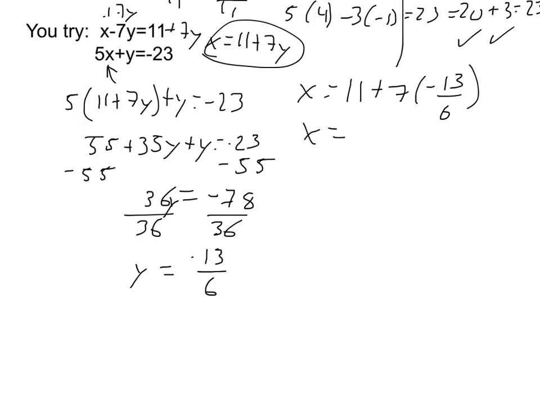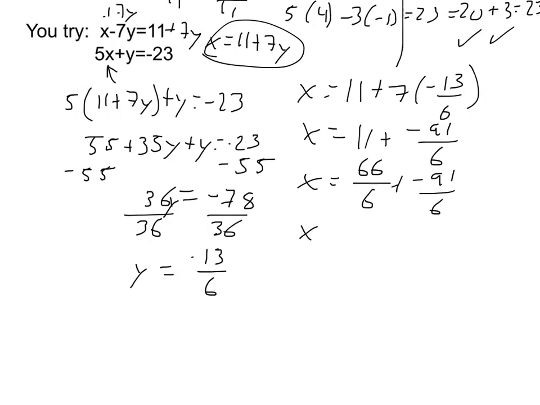So x equals 11 plus, let's see, 7 times negative 13 is negative 91 over 6. Okay, then I need to change the 11 to have a denominator of 6. So 11 times 6 is 66 over 6 plus negative 91 over 6, which gives me negative 25 over 6.